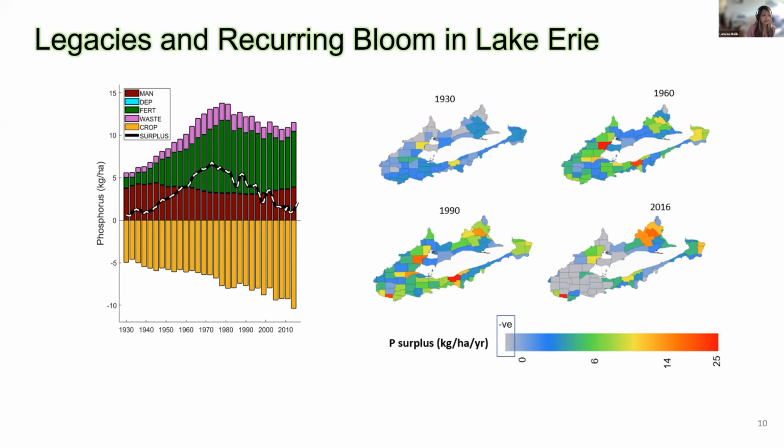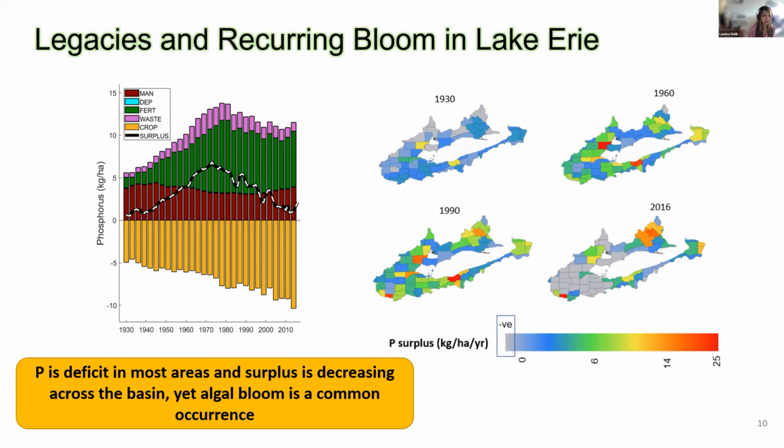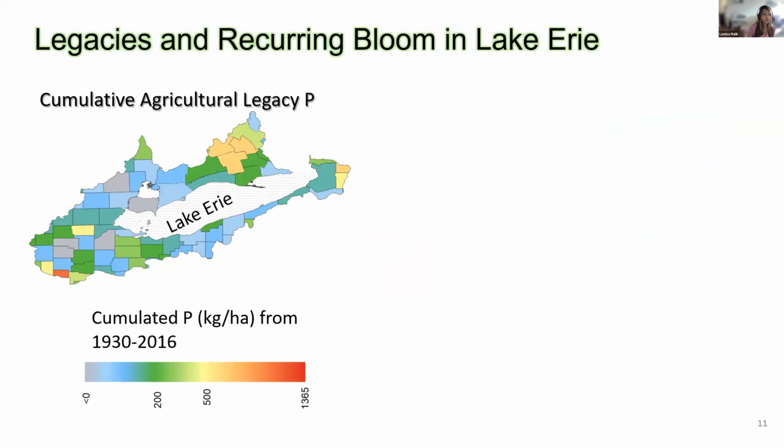Despite the fact that phosphorus is in deficit in most areas and surplus is decreasing across the basin, recurring algal bloom is a common occurrence. So it indicates that the present algal bloom is not only a result of the current phosphorus surpluses. To investigate further, we added phosphorus surplus from 1930 to 2016 to quantify the magnitude of phosphorus accumulation between these years, and we see accumulation across the watersheds.